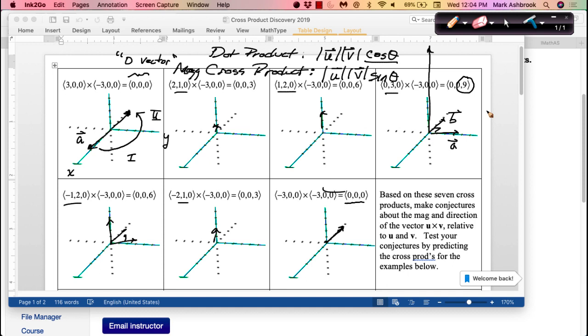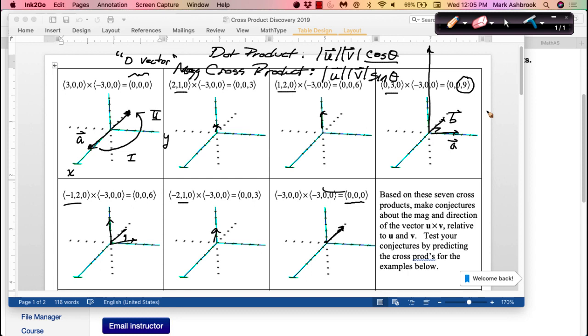So that's where the right-hand rule comes in. In terms of the direction of the cross product, first of all, it's orthogonal to the plane of the two original vectors. But then you have to figure out which direction, because there's two orthogonal directions. Have we done the right-hand rule yet? You did.